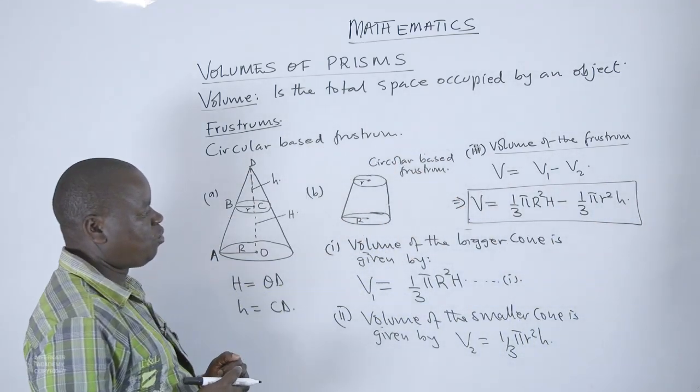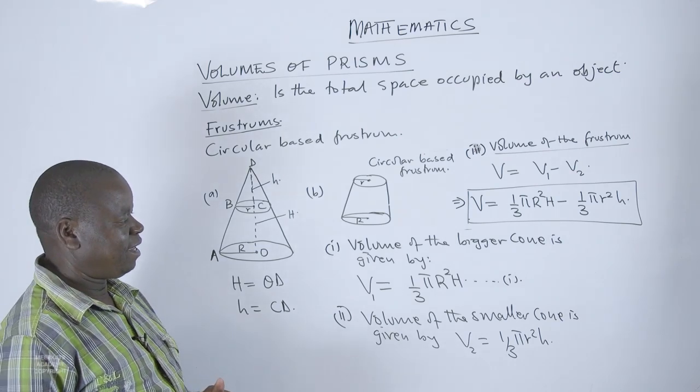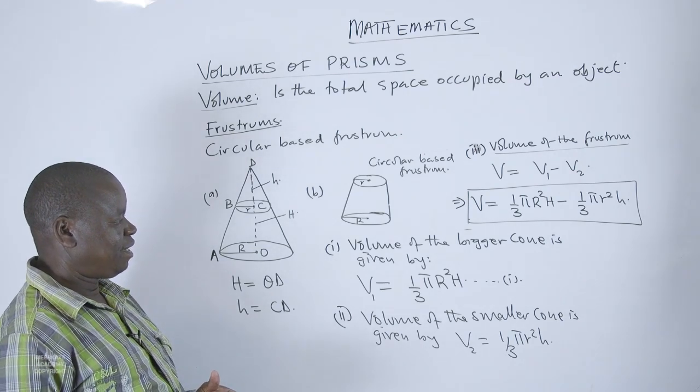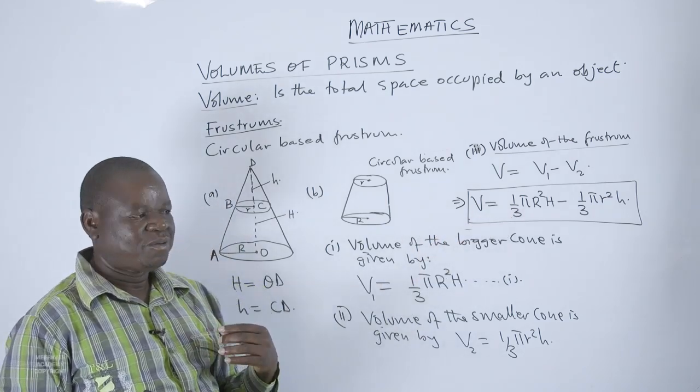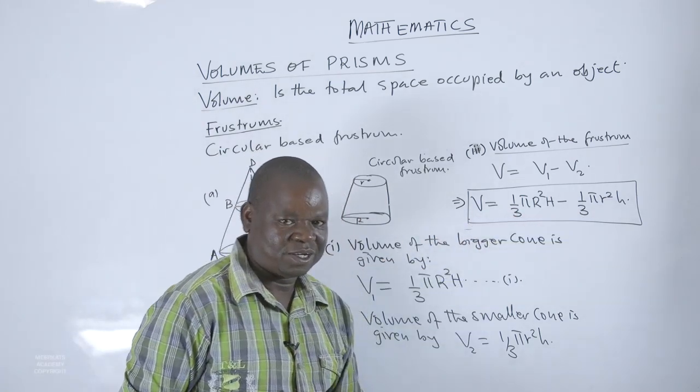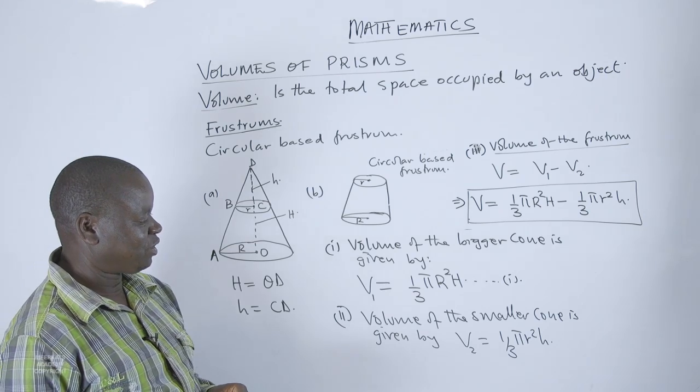That is the volume of the frustum as a function of the volume of the bigger cone minus the volume of the smaller cone.